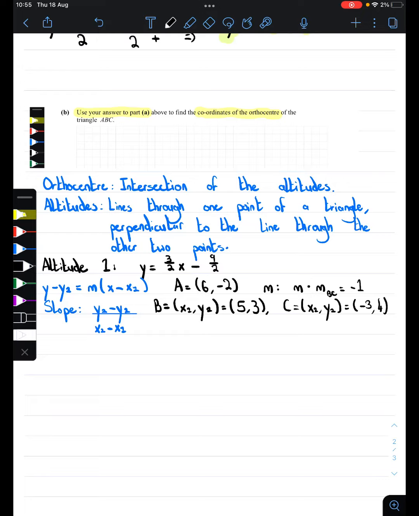So m of BC equals y2 minus y1, so 4 minus 3, all over x2 minus x1, so minus 3 minus 5. This is just minus 1 over 8.